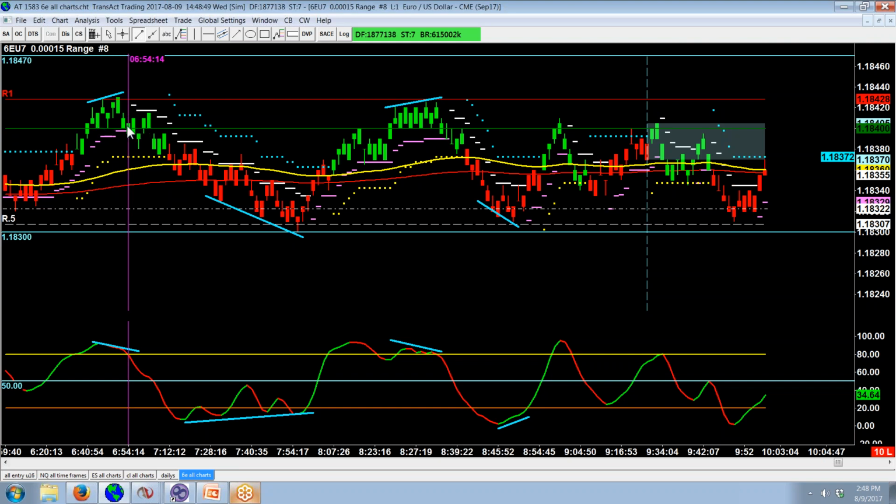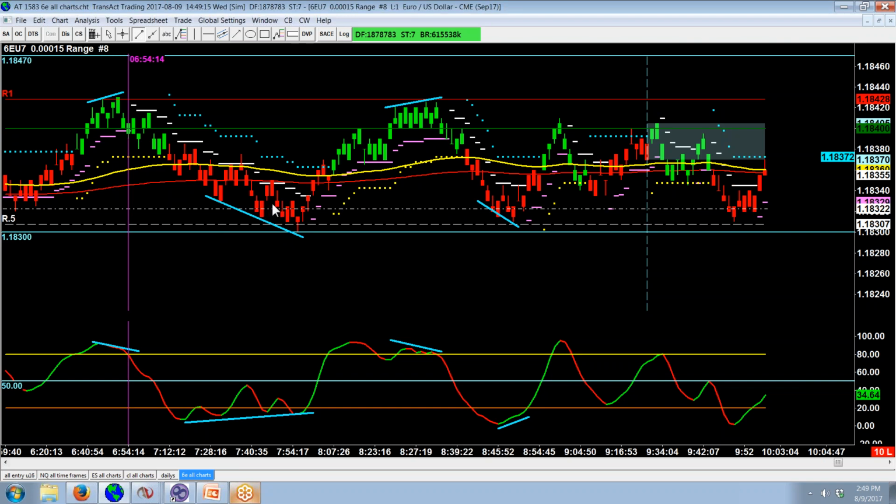But for me, I did not want to get in short above the previous day's high, even though when I look earlier in the morning, I can see it had no trouble getting through there, but I want to be sure. So I get in under this bar. I know support is down in the 18,300 area. This dotted line that you see right here is the 50% fib retracement.